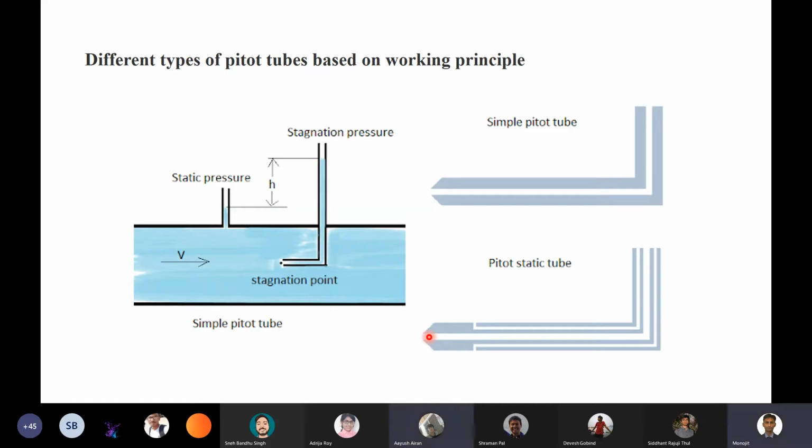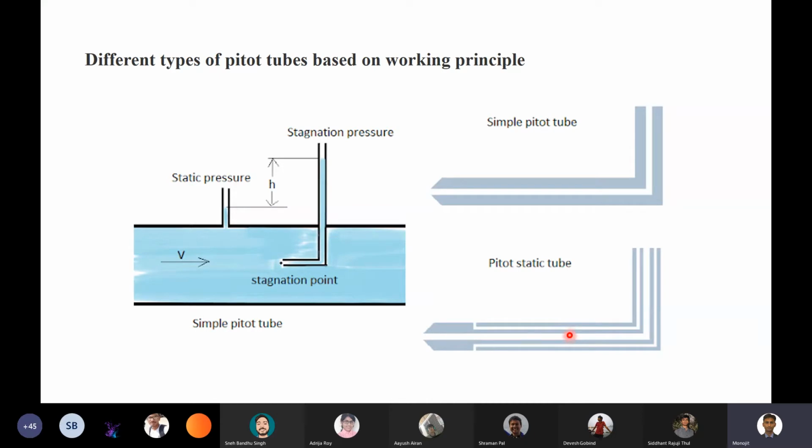When there is a flow, obviously your fluid will try to go inside and push the working liquid inside the tube. Once it reaches an equilibrium, the liquid will not move anywhere. At that point you will get the reading, and the manometer attached to the center tube will give you the stagnation pressure.